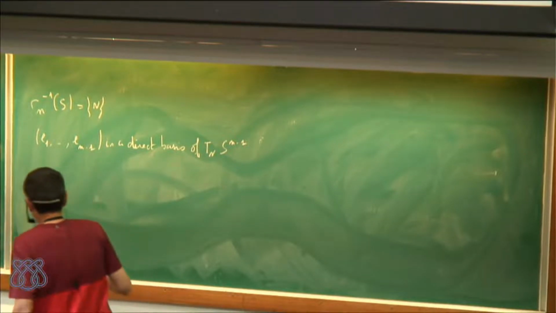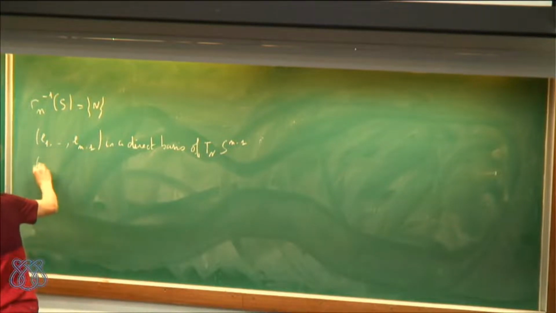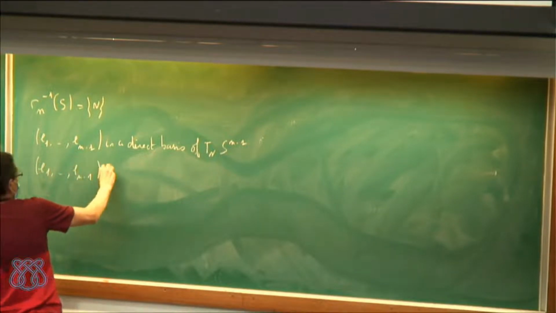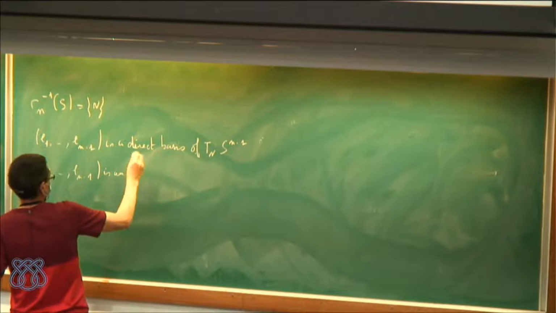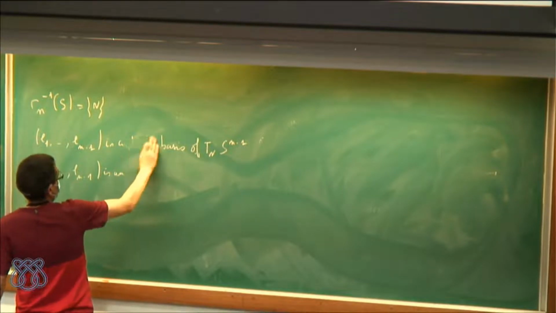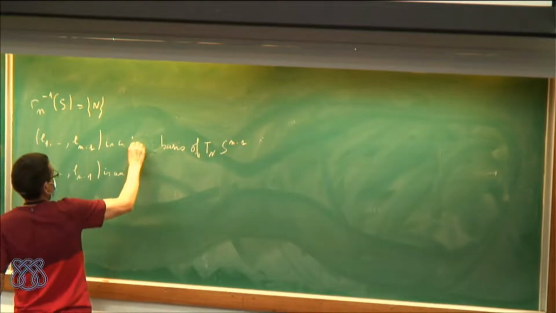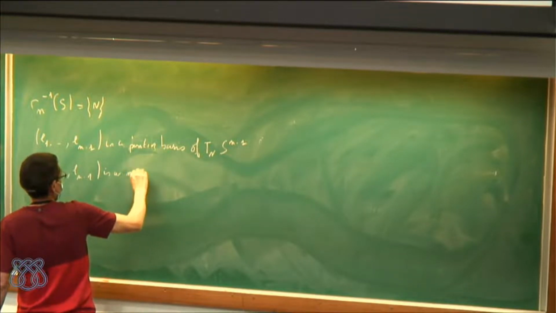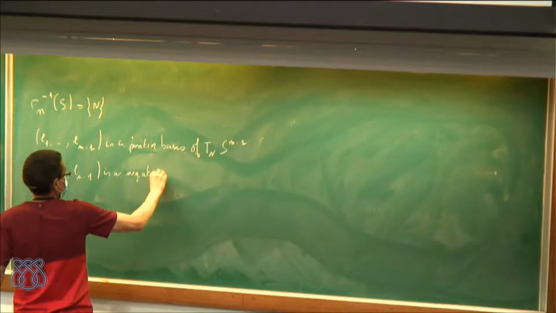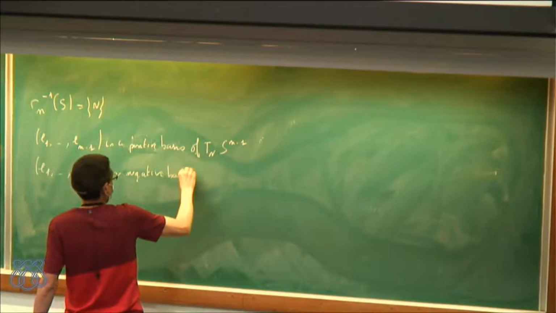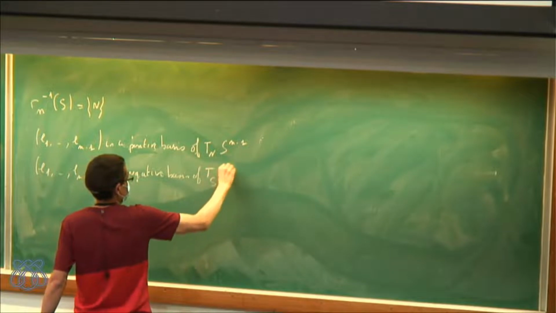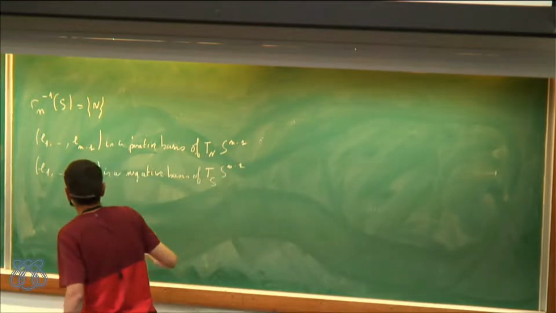So here we have that e_1 to e_{n-1} is, let's say, a negative basis of T_S S^{n-1}. Okay.